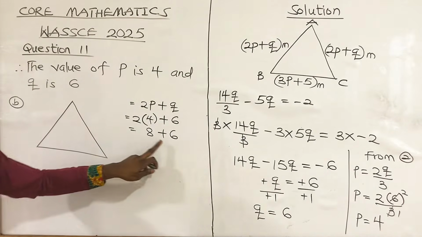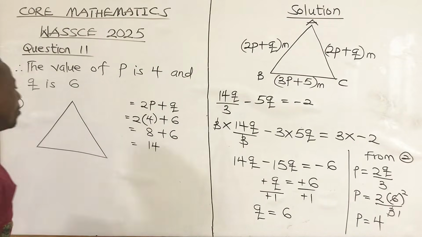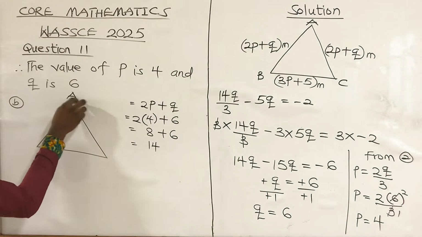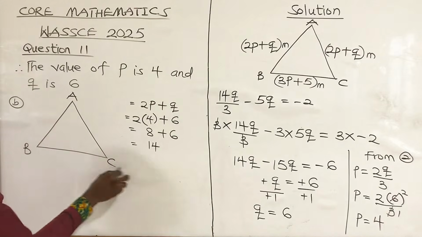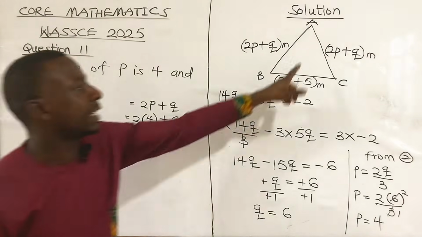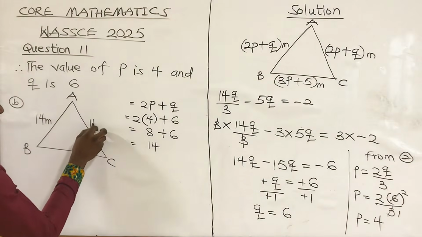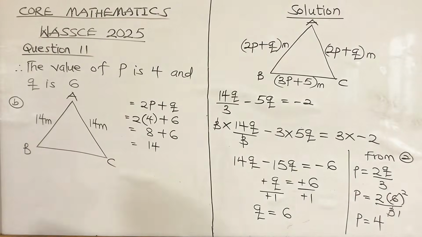And 8 plus 6, we are getting 14. Meaning this side is 14 meters, and it has the same dimension as AC. So AC is also 14 meters.